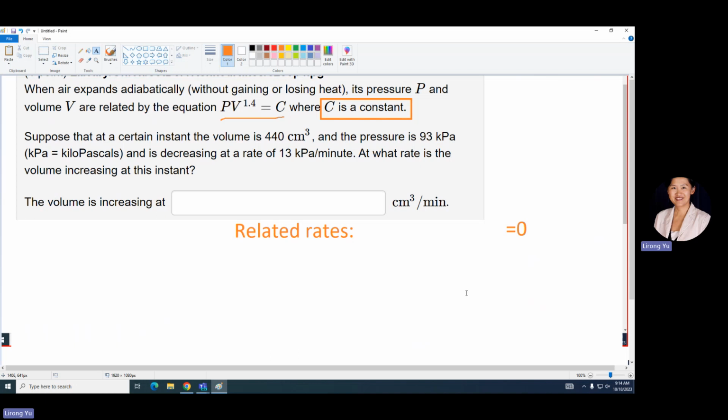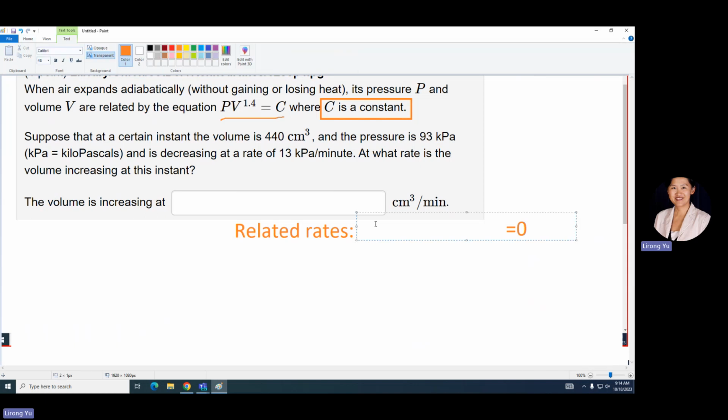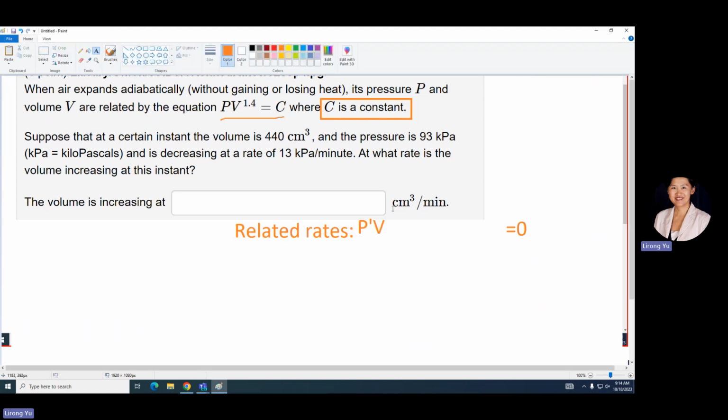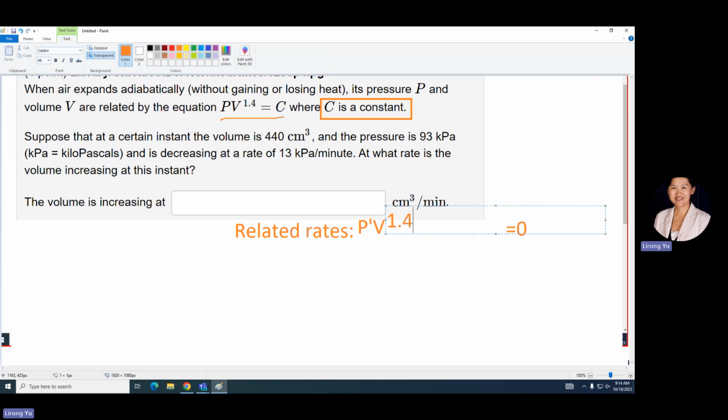Left side is a multiplication, P times V to the 1.4. If you differentiate P, the derivative of P is P prime. So we have P prime times V to the power 1.4. This is the product rule, plus, this time we're going to keep the P but differentiate the V. Applying the power rule, 1.4 goes to the front, 1.4 V to the 1.4 minus 1, which is 0.4.